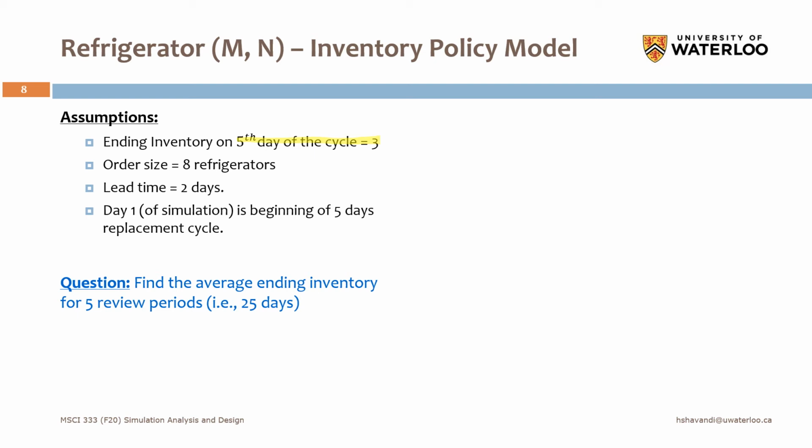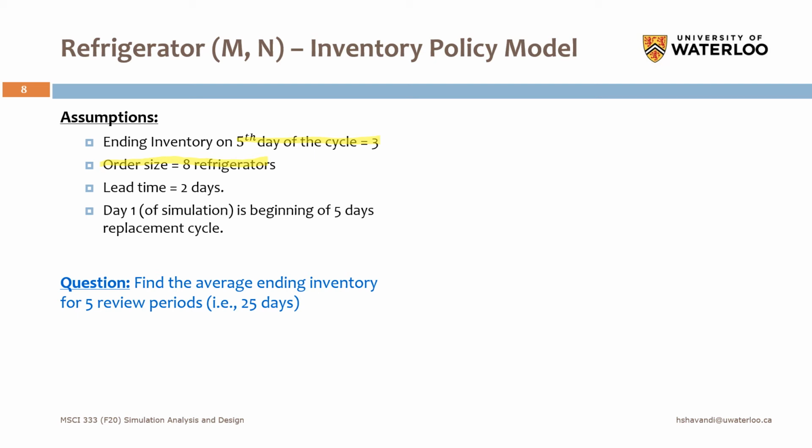And here we assume that the order size is 8 refrigerators, I mean in the previous cycle, not now. This is time 0, and since we are going to order every 5 days, this means at the end of the previous 5 days, I mean the 5th day, right, before time 0, we have placed an order, and we assume its order size is 8 refrigerators.